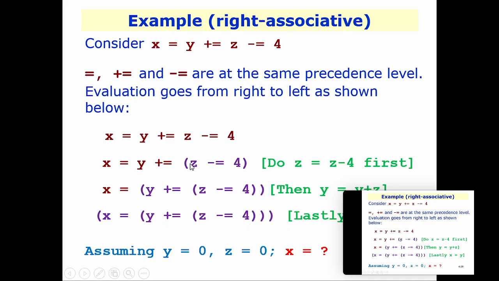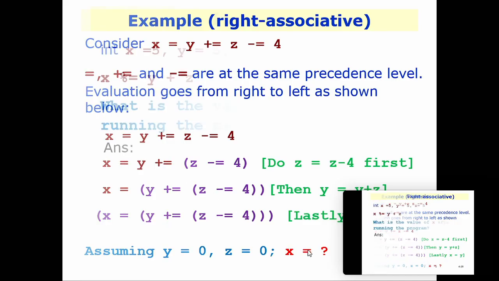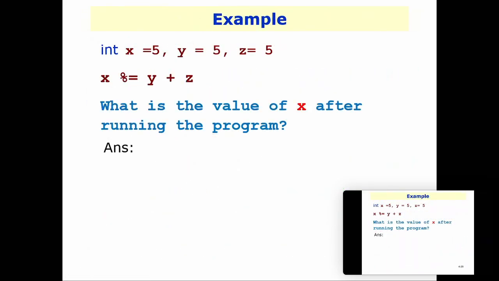So now Z is negative 4. Then you're going to have Y plus equal negative 4. Since the original value of Y is 0, this operation gives negative 4. So eventually, the value of X is negative 4.